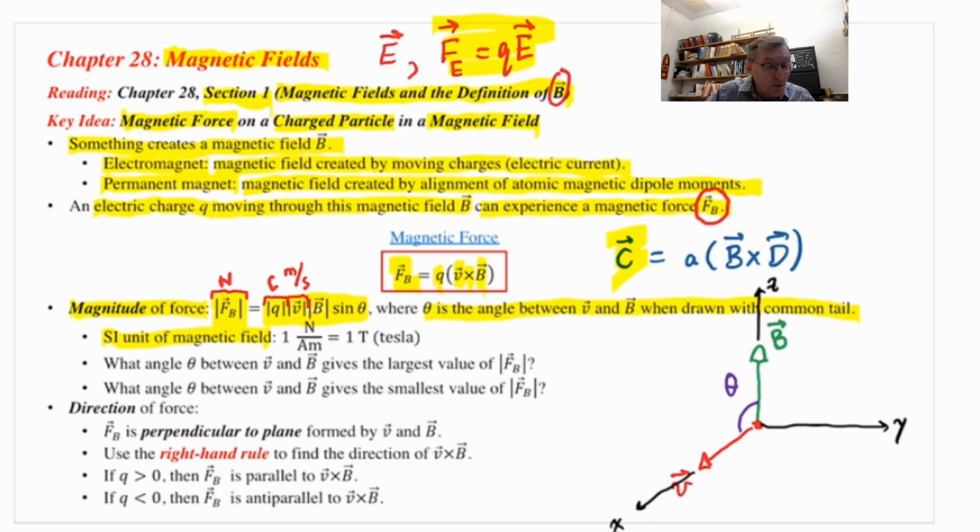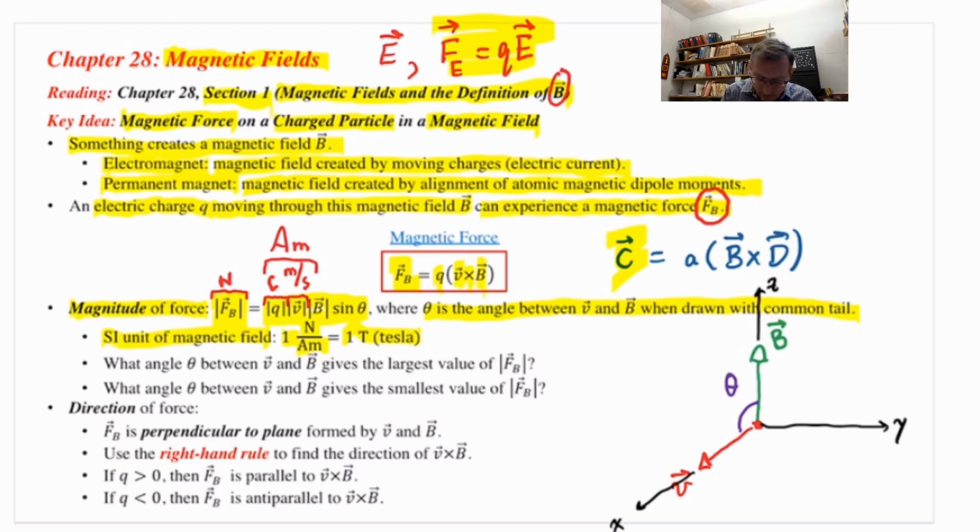And units obey algebra just like symbols, so you can solve for the units of B. Remember, a coulomb per second is an ampere. This combination is really ampere times meter. And so the unit of magnetic field, B, is 1 newton over ampere times meter. And that combination, newton over ampere times meter, that unit's given its own name. It's called the tesla, capital T, named in honor of Nikola Tesla, who was a brilliant engineer in the 1800s.